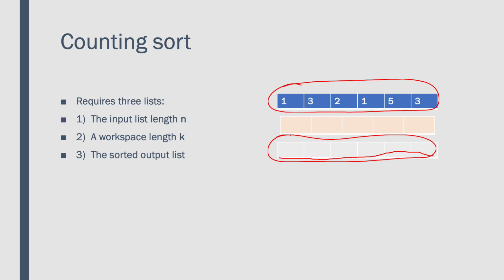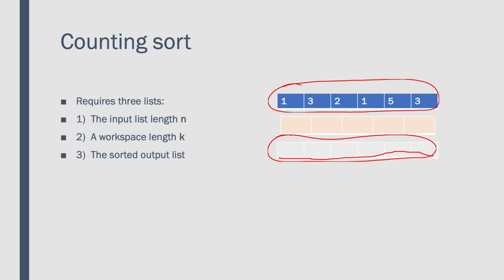We'll now break it down step by step. Counting sort requires three lists to function effectively. First, the input list of length n.